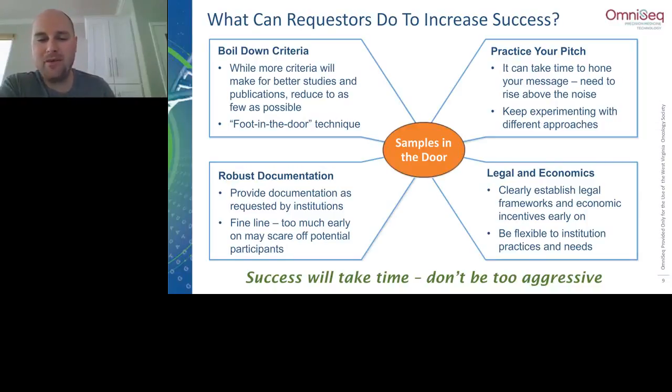I'm going to start in the bottom right-hand portion of this slide with the legal and the economics. I think it's really important, before you have your first conversation, to define internally amongst your institution what types of legal frameworks you're going to use to manage this retrospective study and to agree on the economic incentives early on.